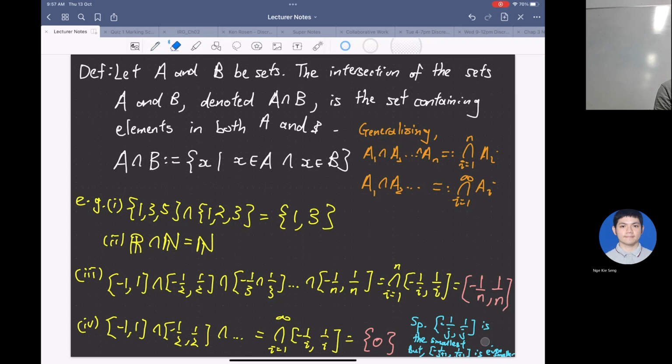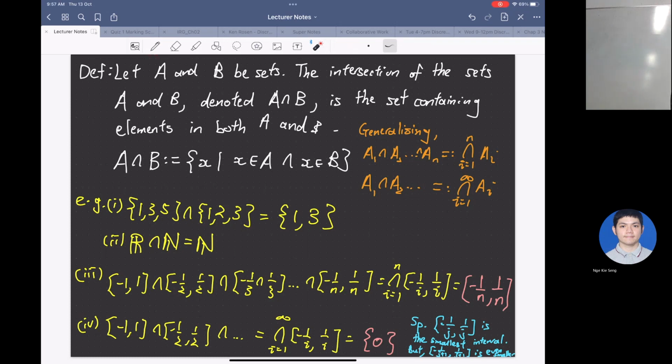Smallest interval. Okay. So you can keep going smaller, keep going smaller. Then the only number that is less than all these numbers is 0. That's why we get 0 in this case, a singleton.